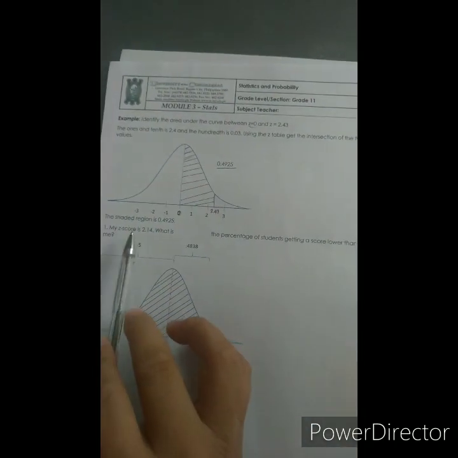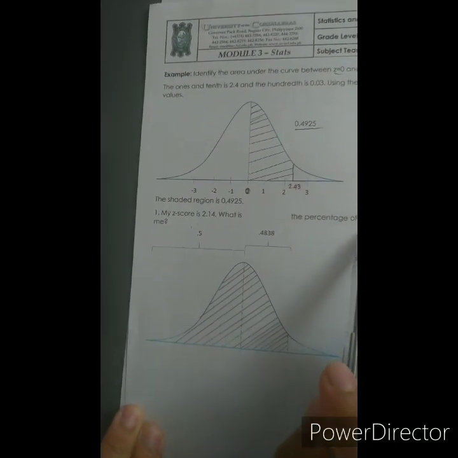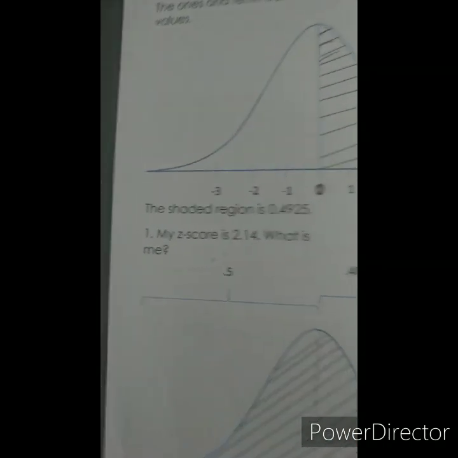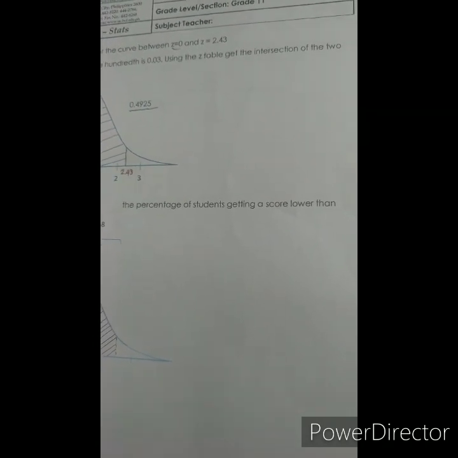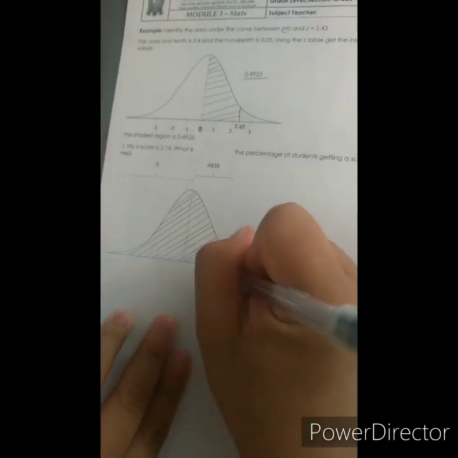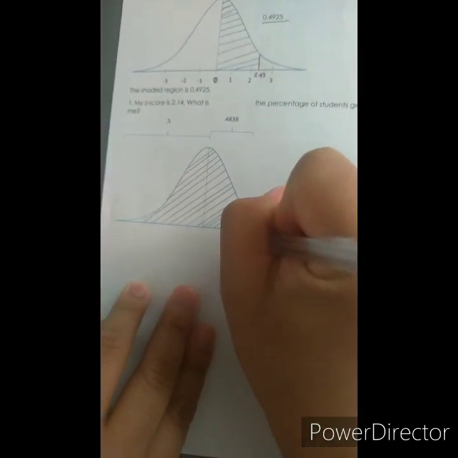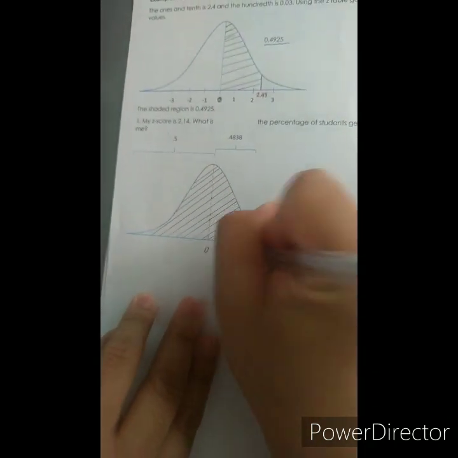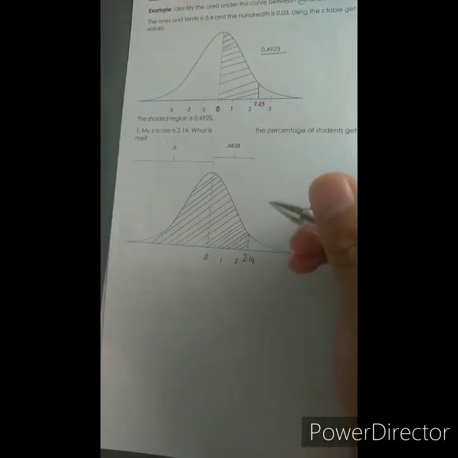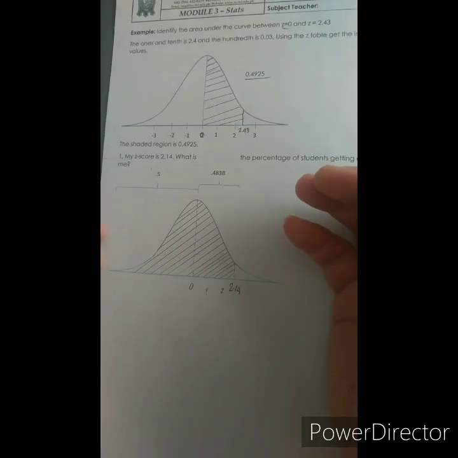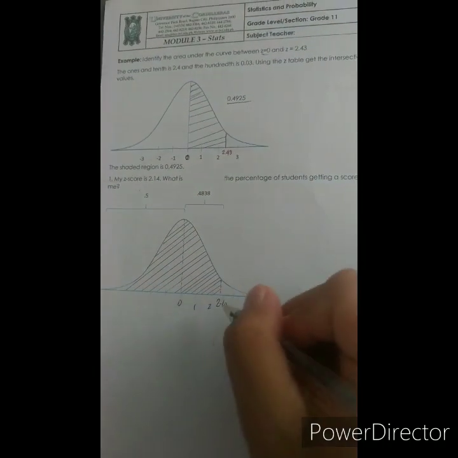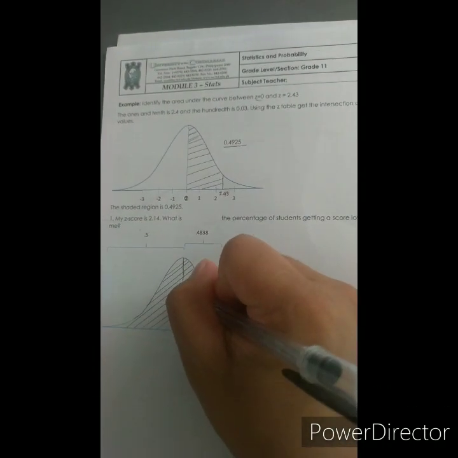Okay, my score is 2.14. What is the percentage of students getting a score lower than me? Let's say, for example, 2.14. Nasaan si 2.14? Ito si 2.14. Ang inaalam natin, ilang percentage ang matatalo niya. Okay, identify muna natin itong first half.